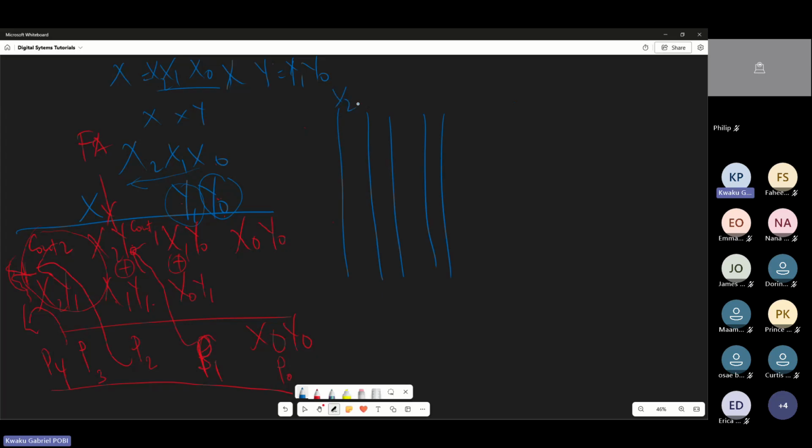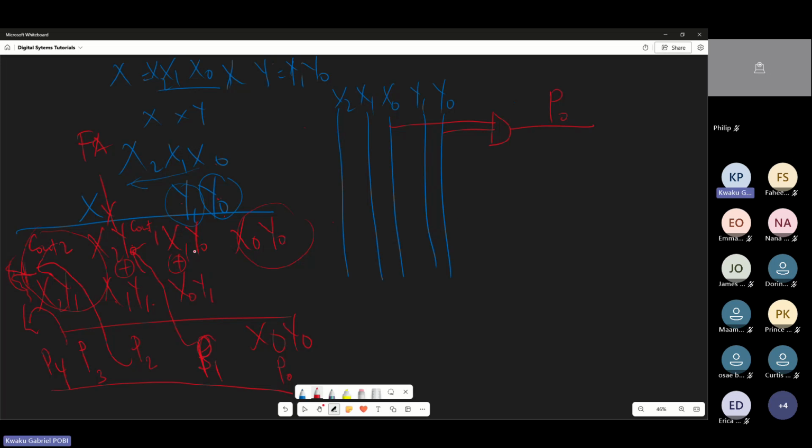So here is X2, here is X1, here is X0, here is Y1, Y0 like this. Now you ask yourself, what's the first thing here? X0, Y0. So I come and tap. X0, Y0 means I should add them, and that's my P0 like this.